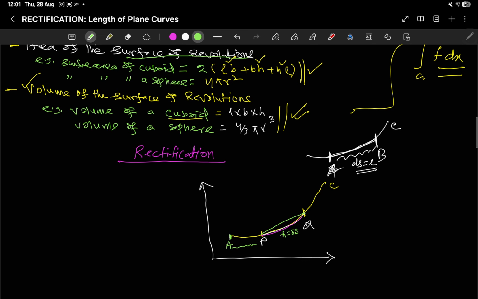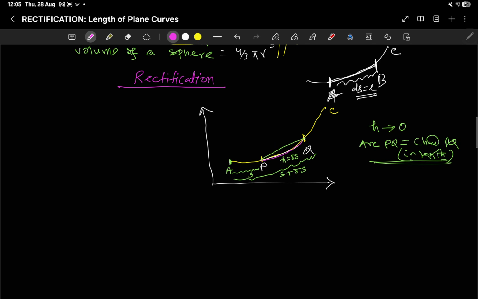So now this length is suppose my S, and this total length from A to here is my suppose S plus del S. The moment my H tends to 0, this arc PQ is the same thing as the chord PQ in length. So from this concept we will derive the formula for the arc length.